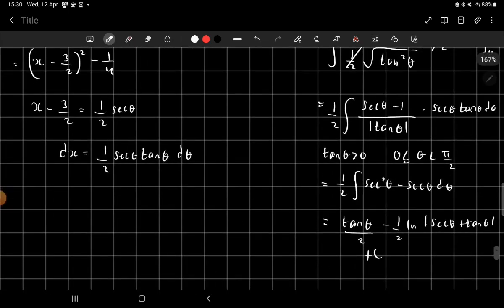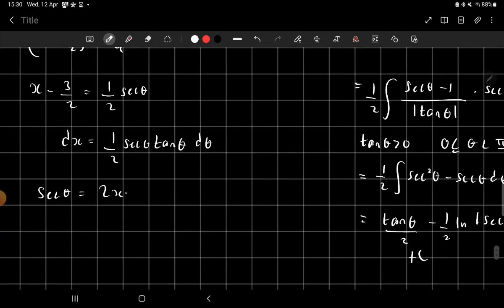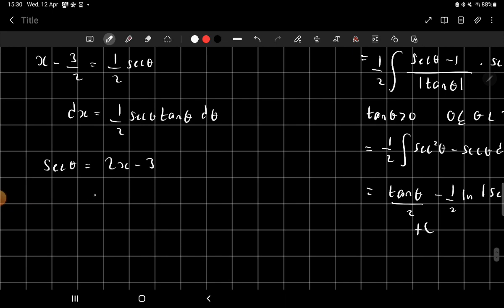And how are we going to move on from here? Now, first things first, we have to draw a right angle triangle so that we can leave our final answer in terms of x. So we know that secant theta is equal to 2x minus 3. Therefore, the right angle triangle, if I can draw it, will be theta.